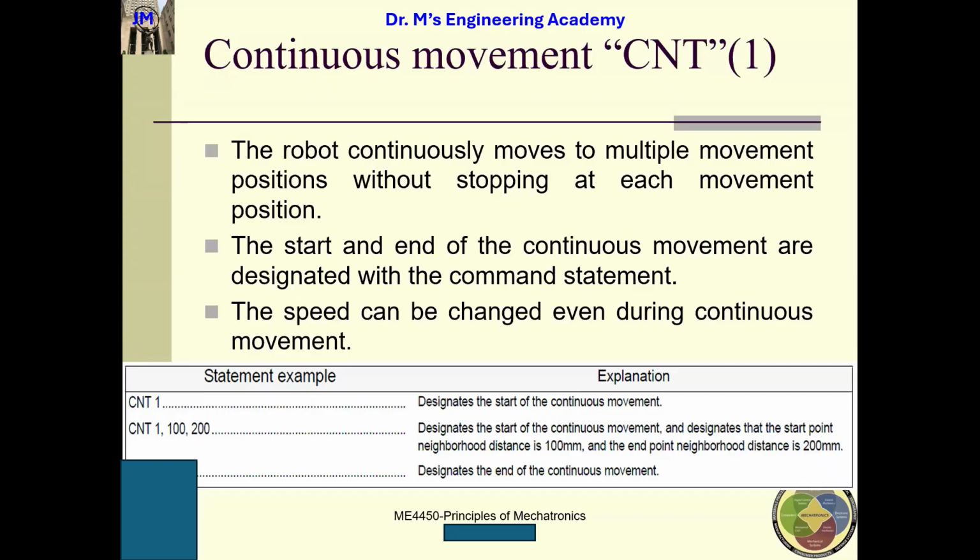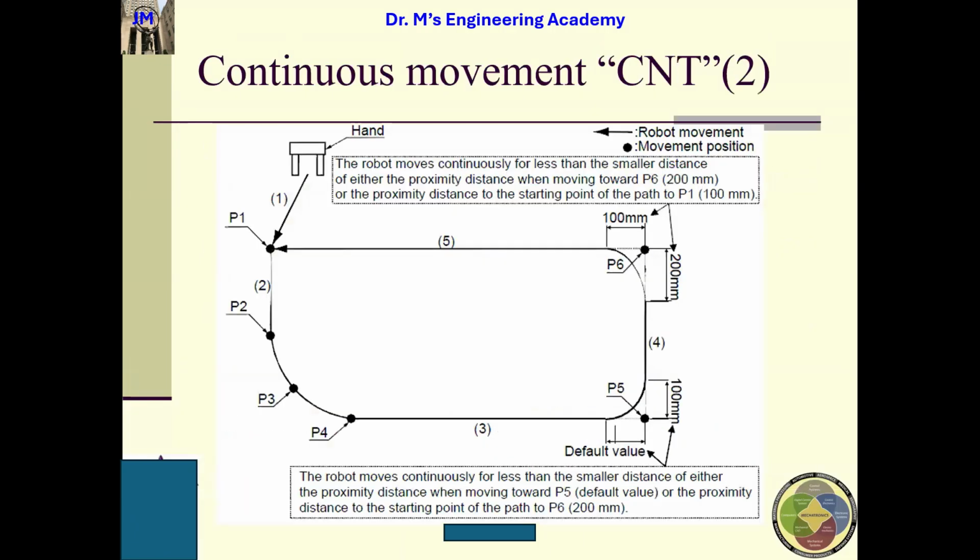So this is CNT1 120. This designates the start of the continuous movement, and that the start point neighborhood distance is 100 and the end point is 200. I'm going to show you an example. So here for this one, all right?